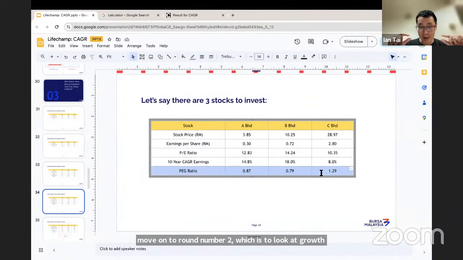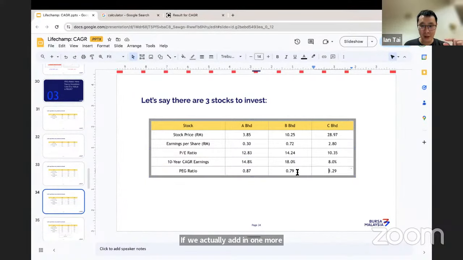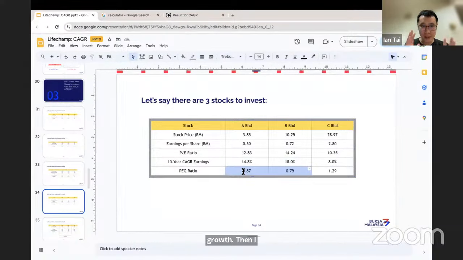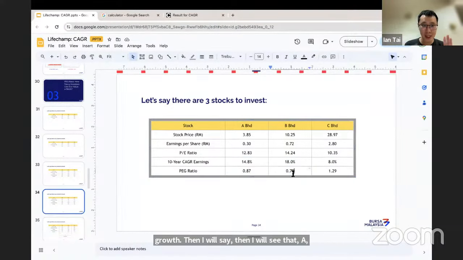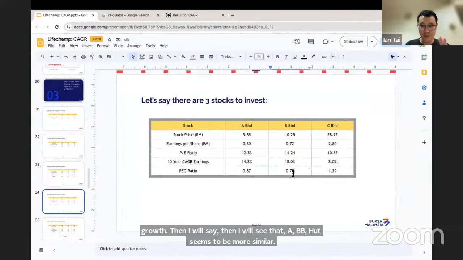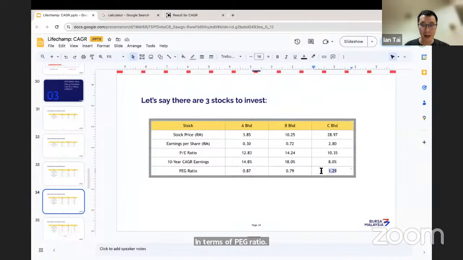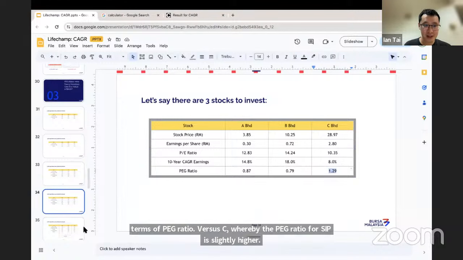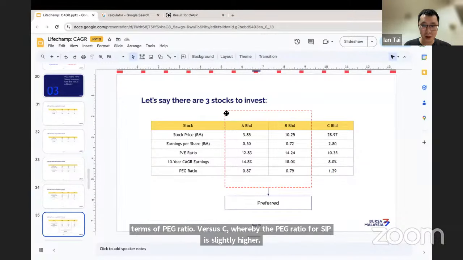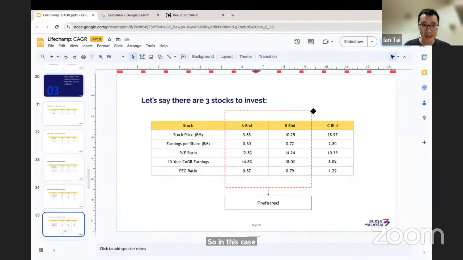If we add in growth, then I will see that A Berhad and B Berhad seem to be more similar in terms of PEG ratio, whereas the PEG ratio for C Berhad is slightly higher. So what I would prefer, not necessarily correct, is that I would choose to invest in both A and B Berhad first.